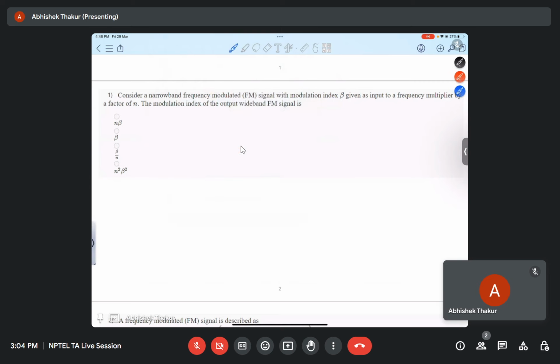So the correct answer will be: the modulation index of the output wideband FM signal is n beta.